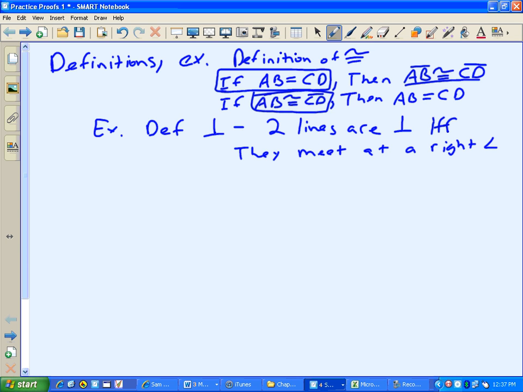That means if I meet one of these conditions, so let's say AB is perpendicular to CD, if that's given to me, then I'd have to know which angle they meet at.